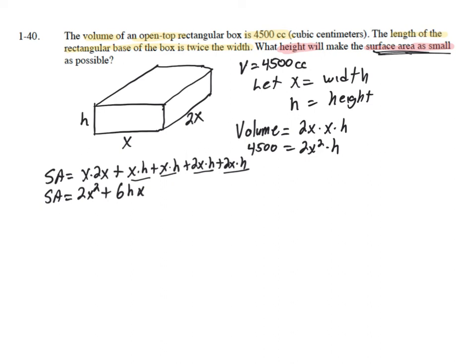I'm going to replace this h with this h. So I need to get h by itself in the volume formula. So I'm going to divide both sides by 2x squared.